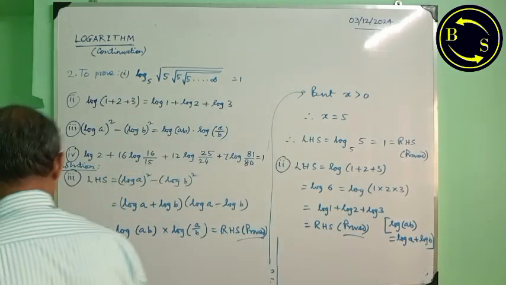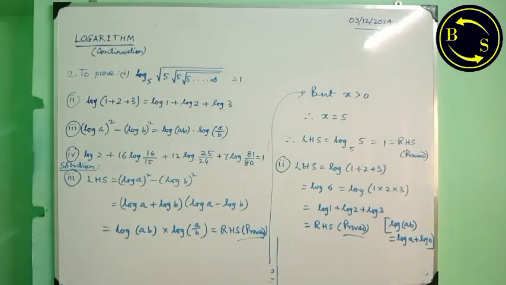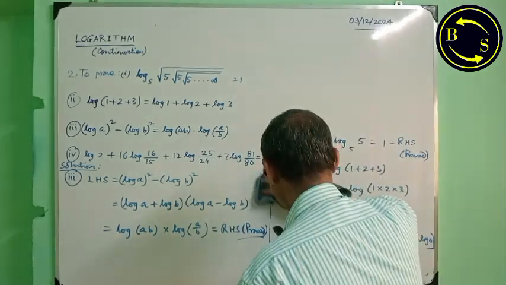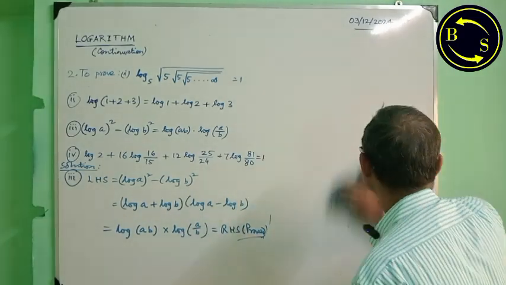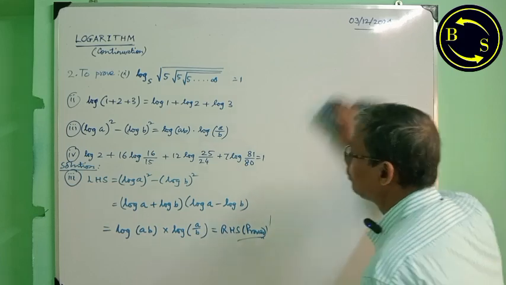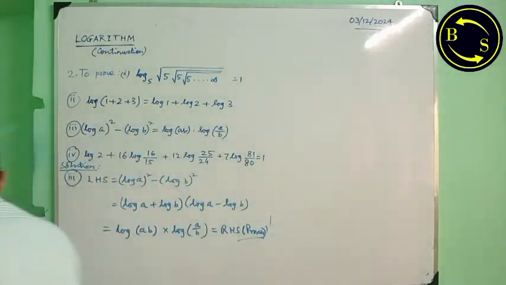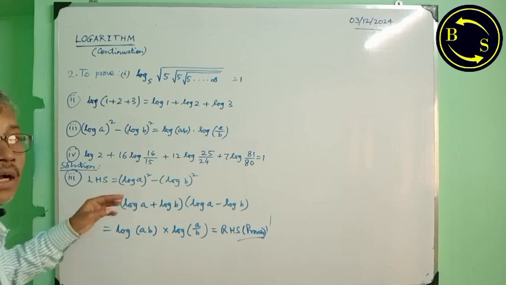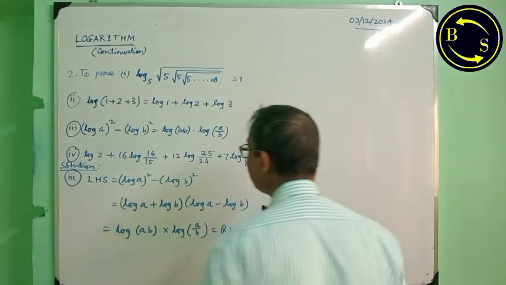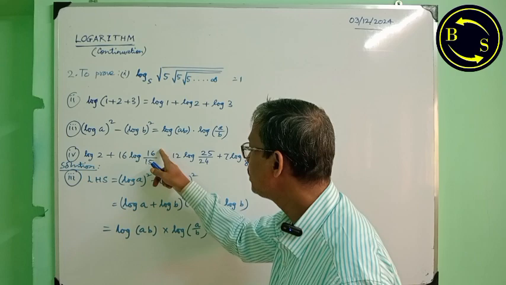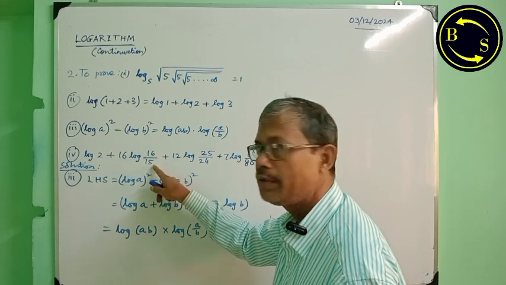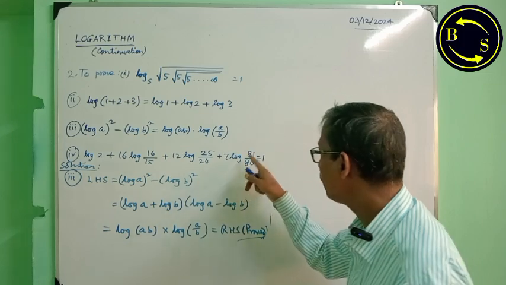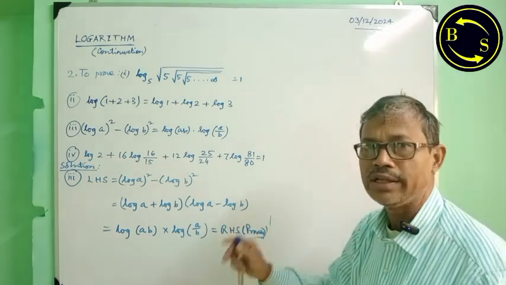Now, I have taken one sum for calculation. First of all, I shall calculate log of 16 by 15, log of 25 by 24, log of 81 by 80 separately.